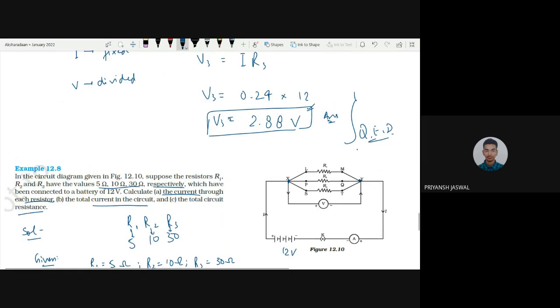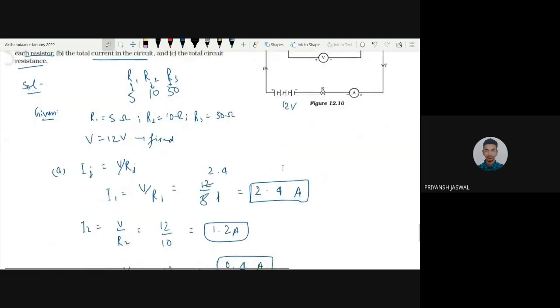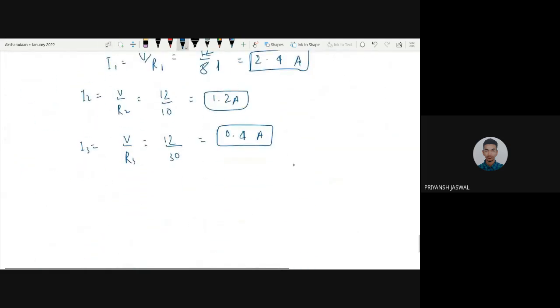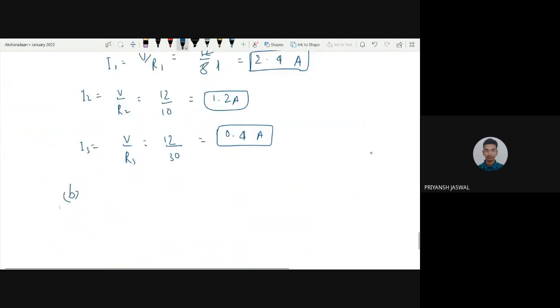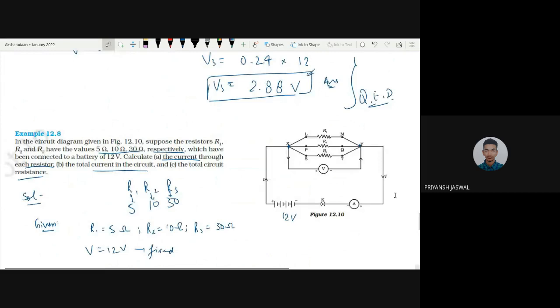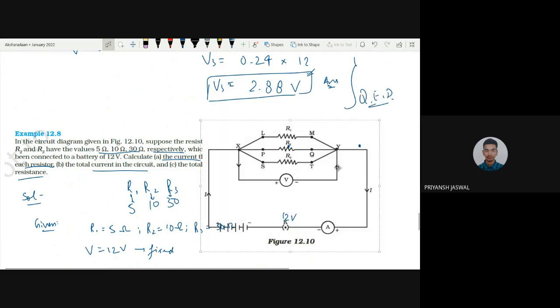They have asked to calculate the total current in the circuit and the total circuit resistance. So simply, if you see here, we have this node. I'll explain it there only, it will be better. Say this is I1, this is I2, this is I3, and this is the total current.